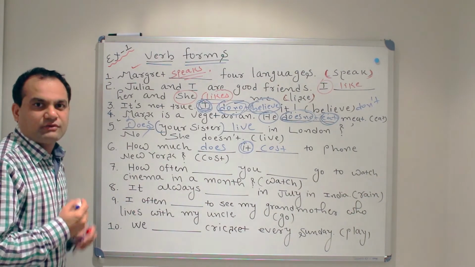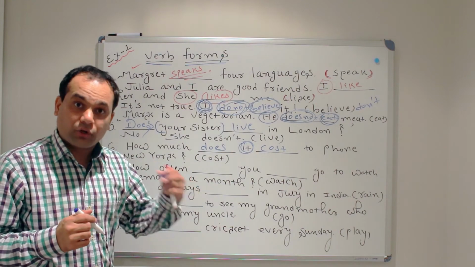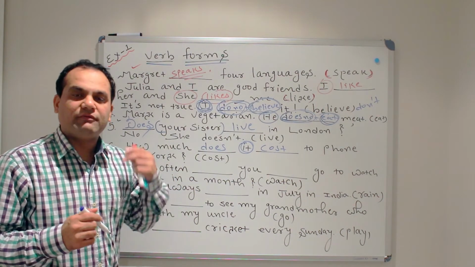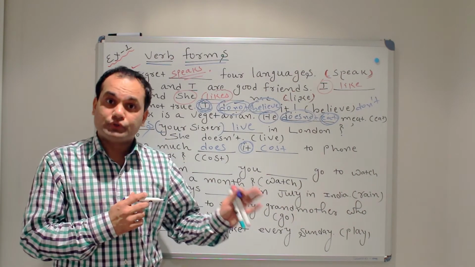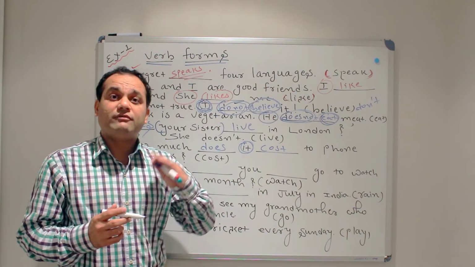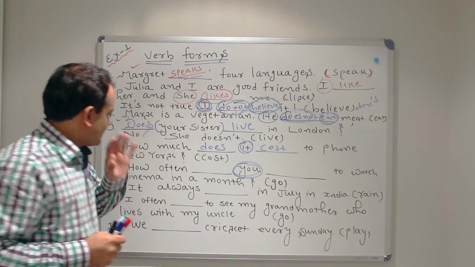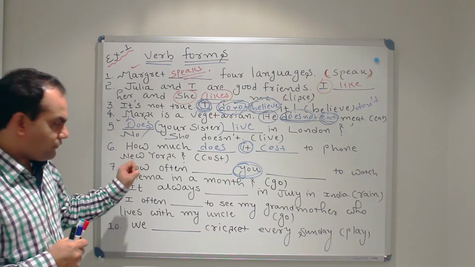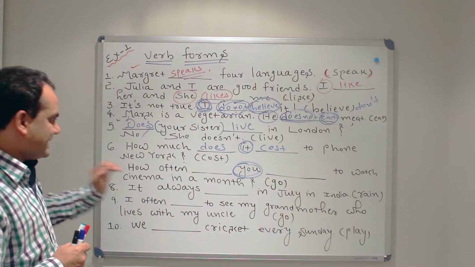In the questions for simple present tense, we have to form the questions by using either do or does. When we are talking about I, we, you, they, we have to use do to make the questions. When we are talking about he or she or it, we have to use does. Simple. The seventh one is how often dash you dash to watch cinema in a month.